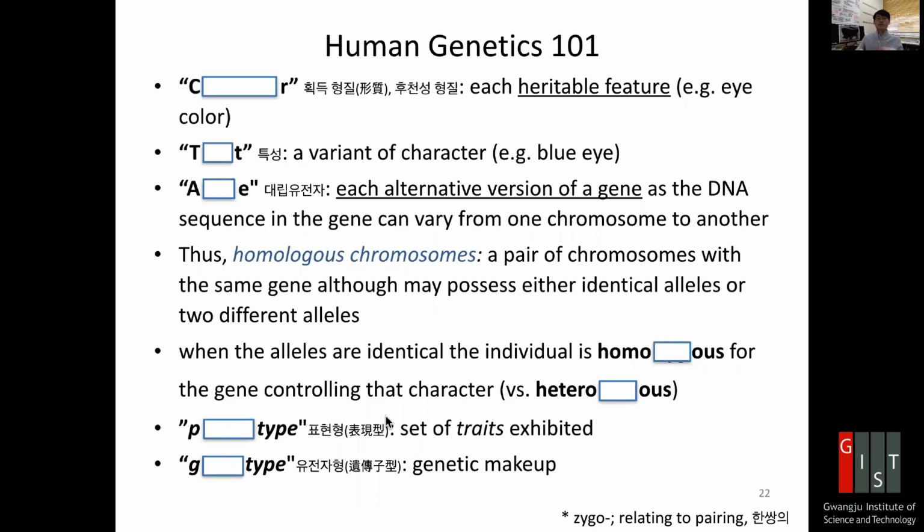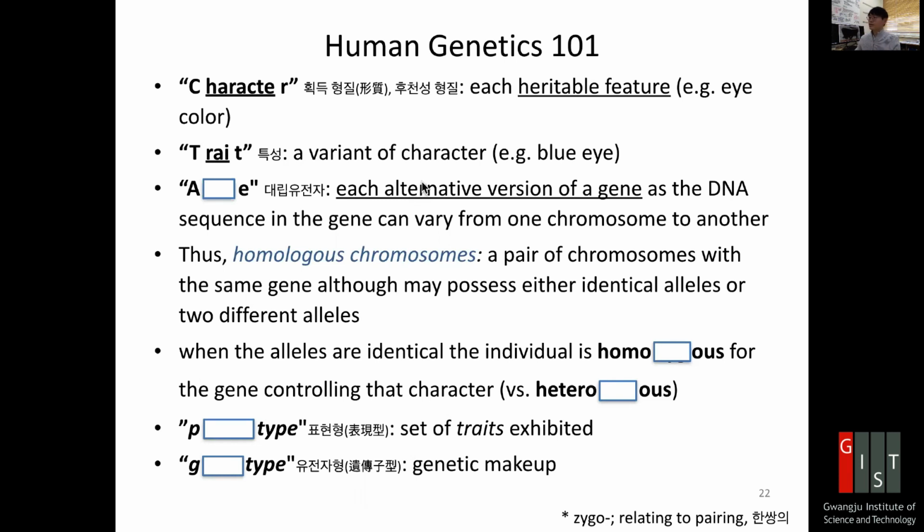I want to summarize genetics terminology, which is important for understanding the rest of the class. Each heritable feature, such as eye color or hair color, we call a character. That character can have variants. For example, I have brown eye color, and some people have blue eye color, and those we call a trait.